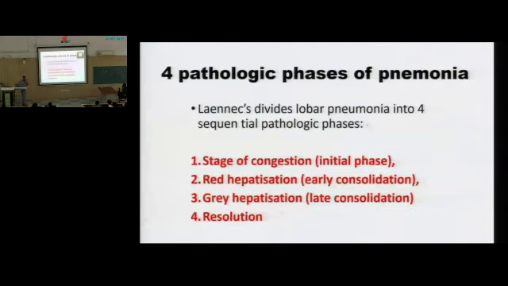So, the pathologic phases of pneumonia. Till now it is clear that lobar pneumonia is caused by bacteria, commonly Streptococcus pneumoniae. So what are the stages? There are 4 stages of pneumonia pathologically. The first stage is the stage of congestion, followed by red hepatization, grey hepatization and resolution.